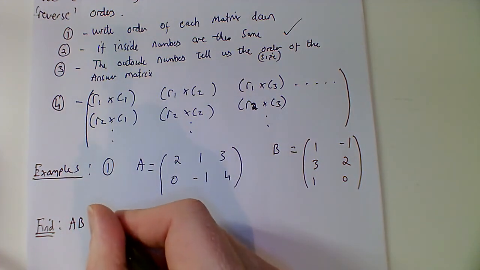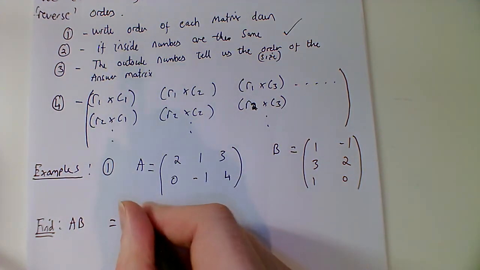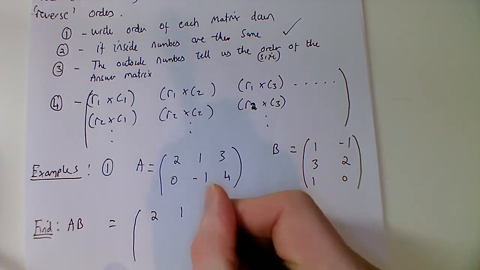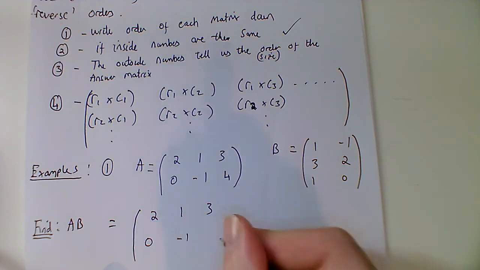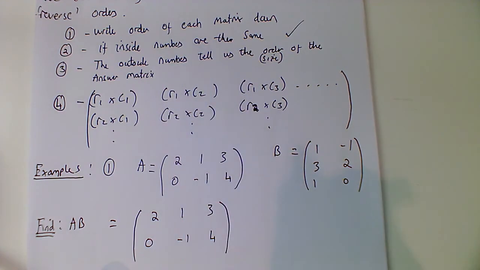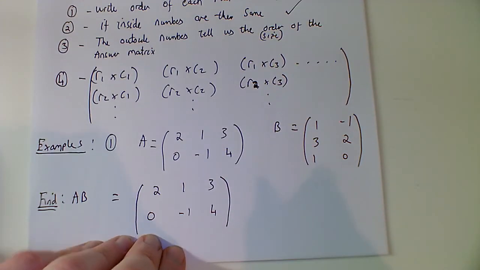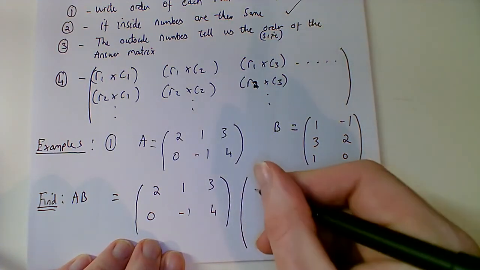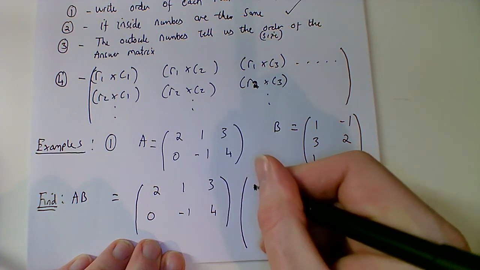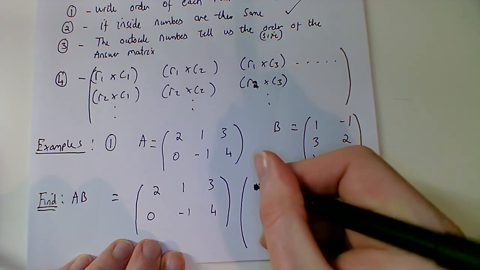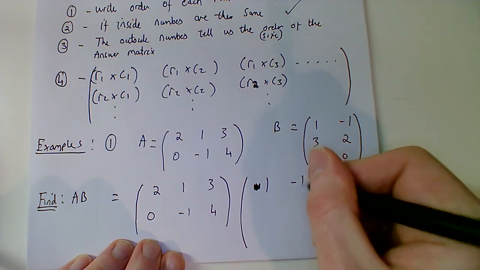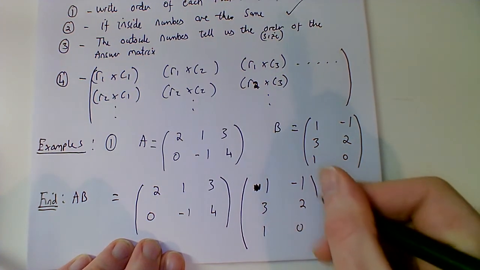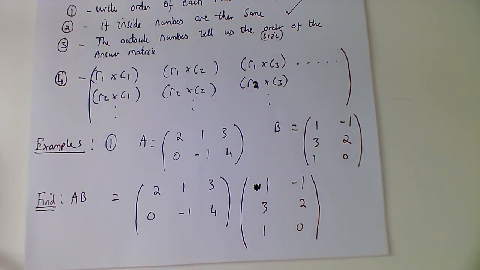So, first thing we do is we write the matrices next to each other, because we're multiplying them.